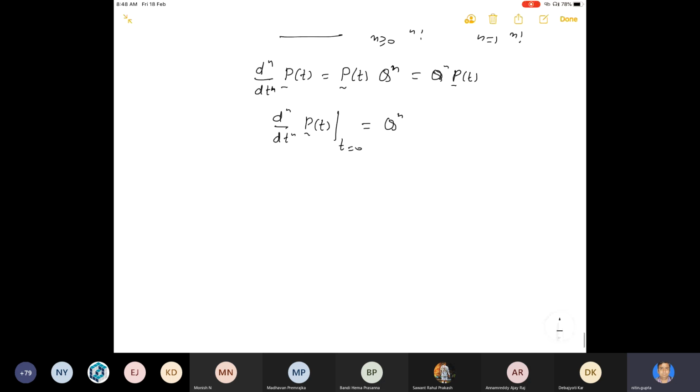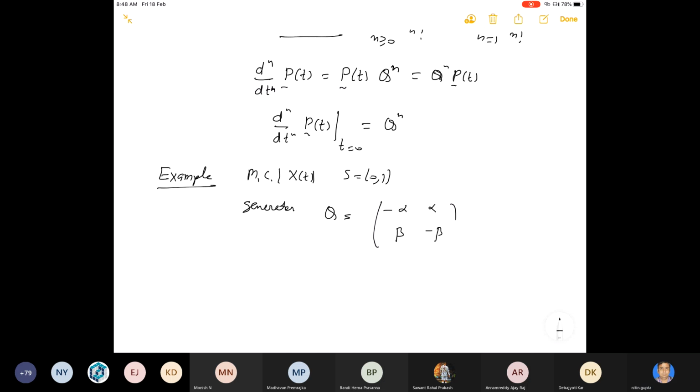Consider a Markov chain X(t) having states 0 and 1 and having generator Q, which is minus alpha, alpha, beta, minus beta, with rows and columns 0 and 1.